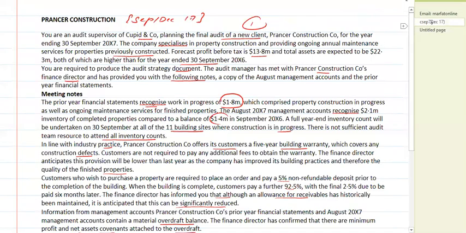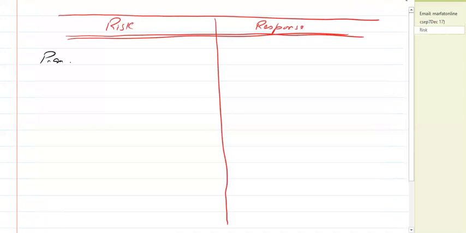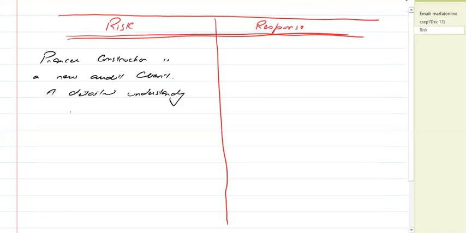So first of all, you are the audit supervisor of Cupid company planning the audit of new client Frenzer Construction. So Frenzer Construction is a new audit client. A detailed understanding of the new client is required before the audit starts.